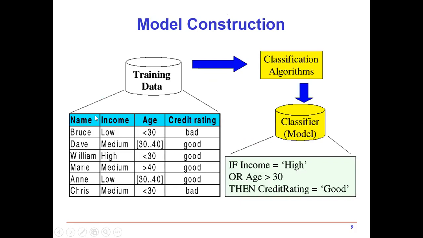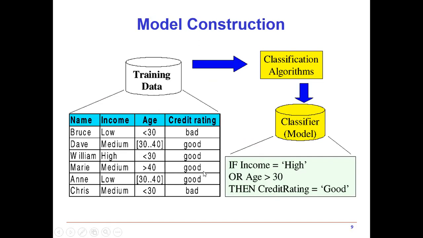Suppose this is your training data where we have the input as name, income, and age. And what is the class label? Credit rating is your class label, and we have only binary class labels like bad and good.